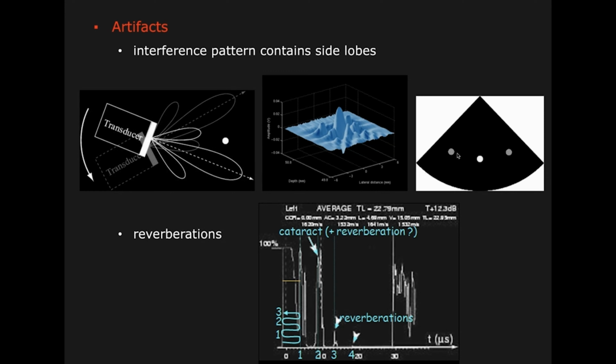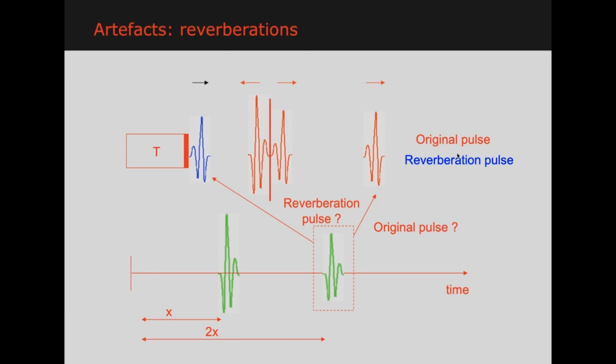And of course, the reflections from the secondary pulse, when they reflect back to the transducer, we can't discriminate it from the primary reflections anymore. So it means that we have these what's called reverberations. So we have reflections and re-reflections at the transducer that will actually cause that we see images like ghost images at different depths. So these are like very typical artifacts that you will see with ultrasound.